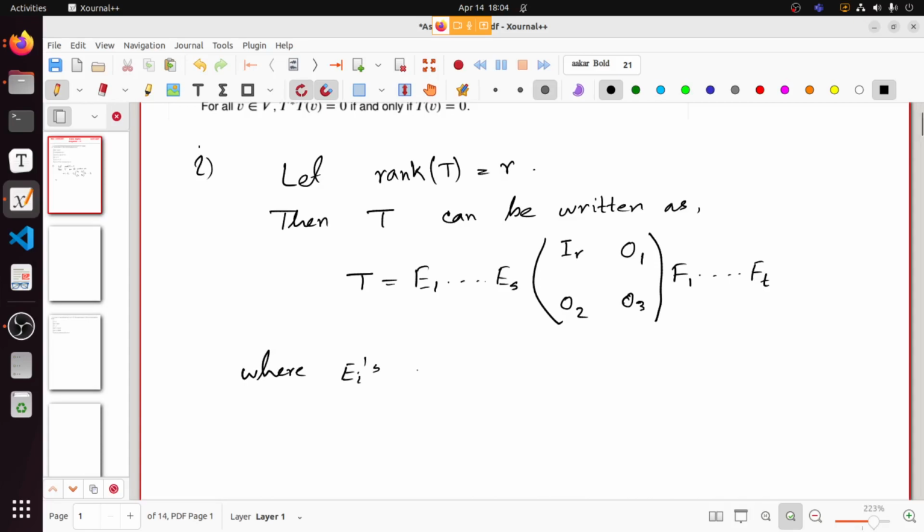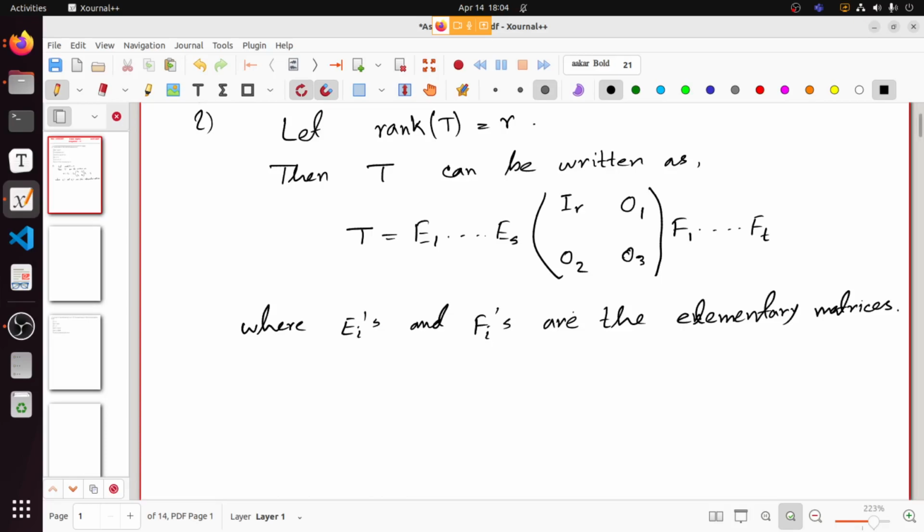As T has rank R, here we get the identity matrix of order R cross R. Now we have to take the conjugate transpose, the adjoint, of the matrix.